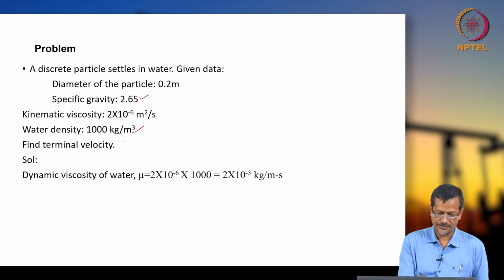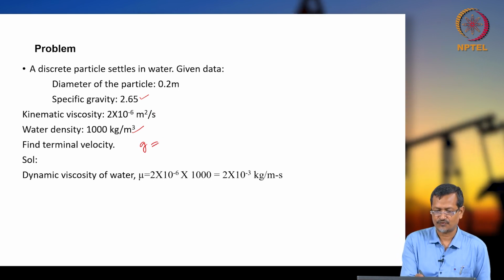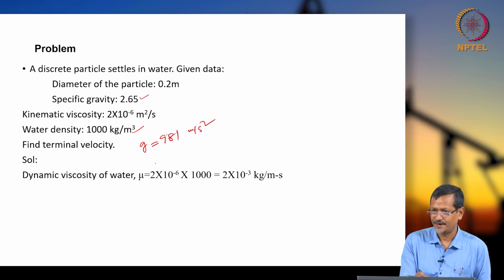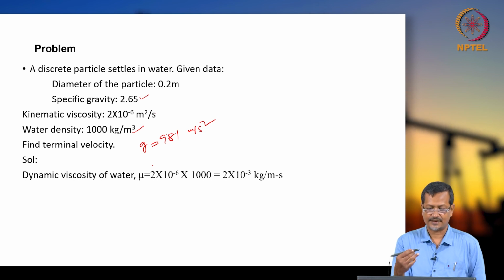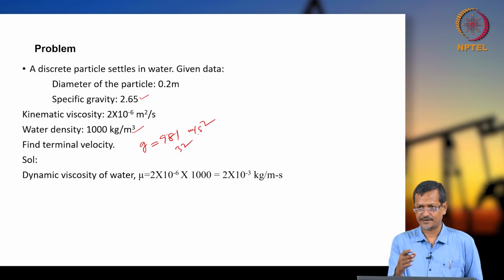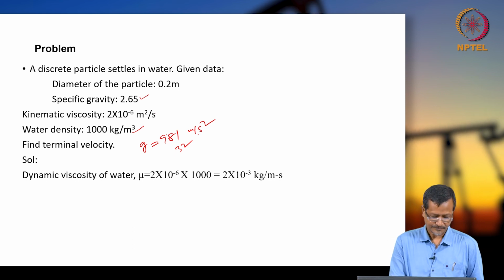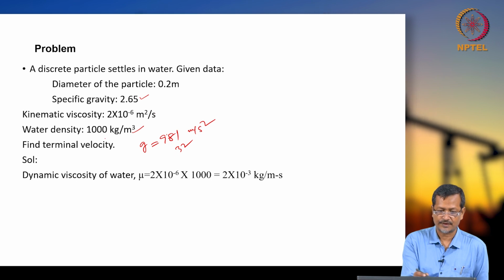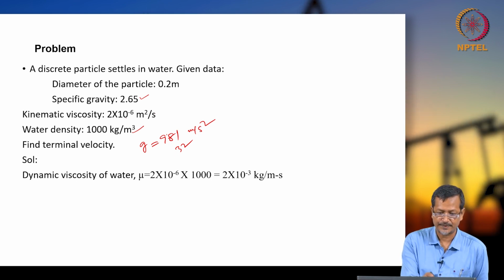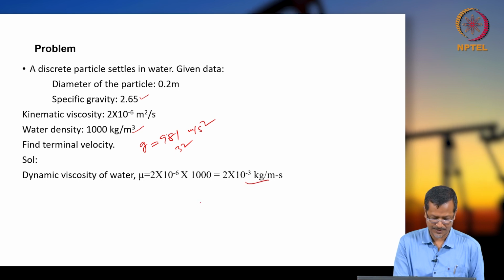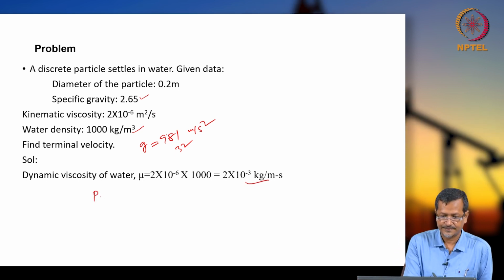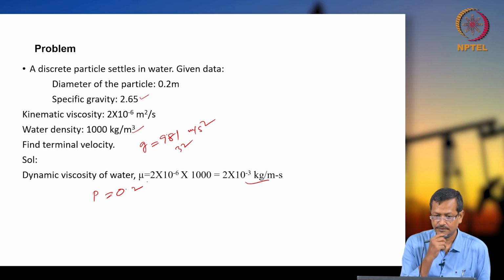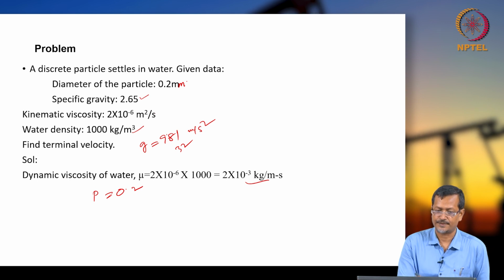Here you must not forget the g value, 9.81, and in field units it will be 32 feet per second square. The water viscosity is given, kinematic viscosity, so from dynamic viscosity we are getting this. The particle diameter is 0.2, this should be 2 millimeter, not meter.